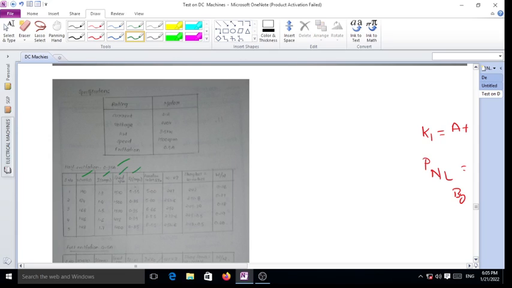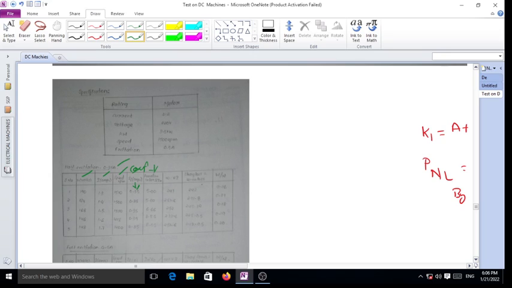The field current is constant. Then we find the armature loss Ia squared R, using the armature voltage drop.